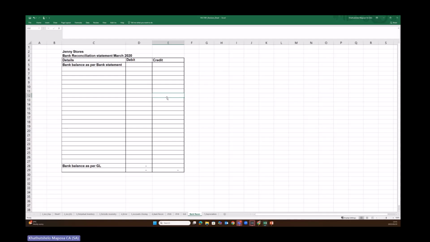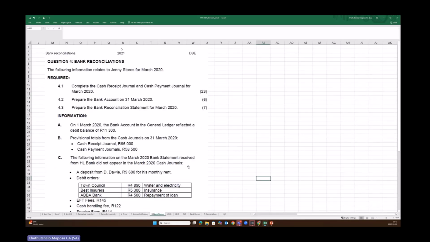What we'll discuss next week as an exam tip, and I'm telling you now in advance, is that the things that are always there, let's write them first, so that we don't waste time on other things, so that even if we run out of time, we have capitalized on the marks on obvious or given items. The item that will always be there is the balance as per the bank statement.